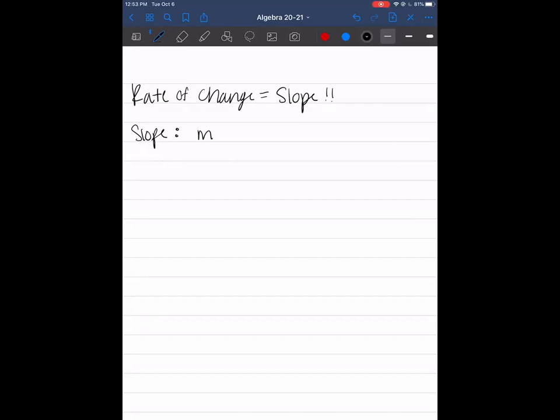So there are several ways that we can calculate slope. Really and truly, we've talked about rate of change. You can see there's a triangle. It's the change of y over the change of x. And I'm going to denote change by a little triangle.